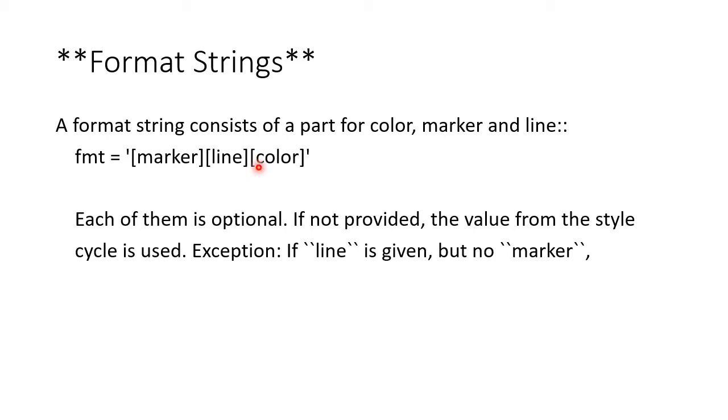They are optional values, and if not specified, the value from the color cycle is used. One point you have to consider is this: if a line is given but no marker, then the data will be a line without markers. That means if you are specifying only line and color without specifying the marker, then there will be no marker.